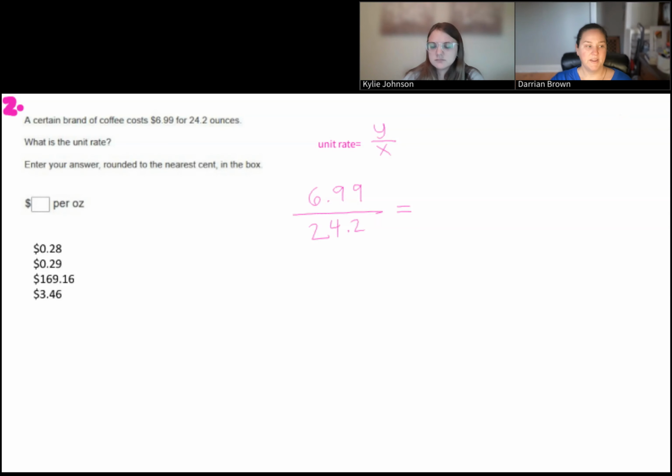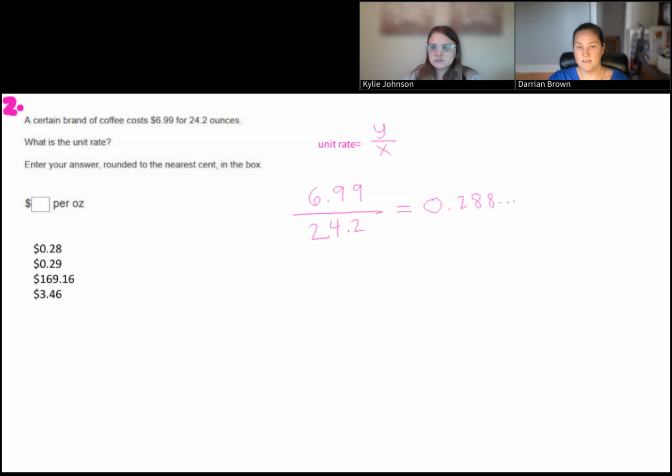So when you type that in, you're going to get a long decimal. It's going to be something like 0.288 and so on. I'm just going to put dot, dot, dot. That means it keeps going. It wants us to round to the nearest cent. Okay.